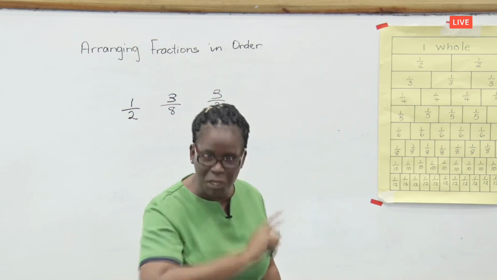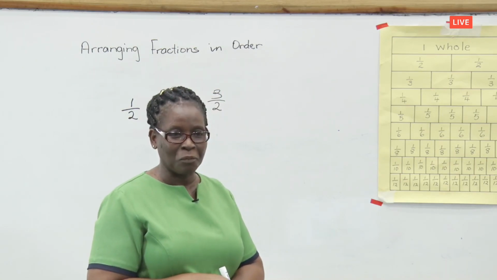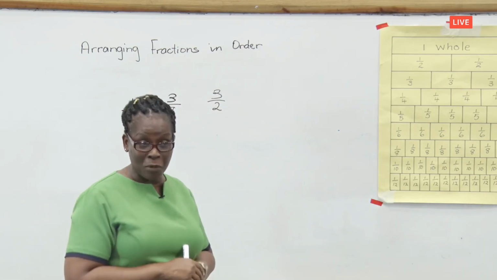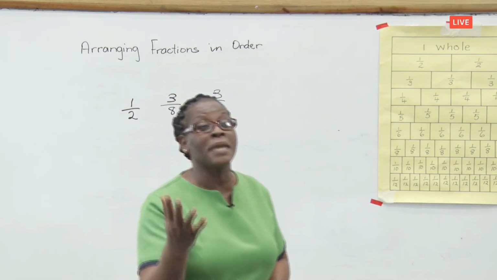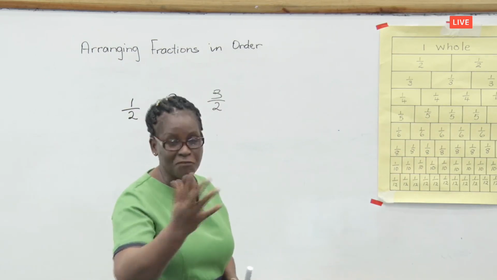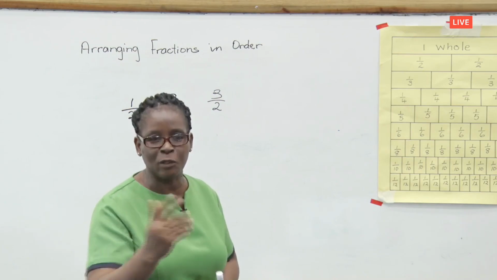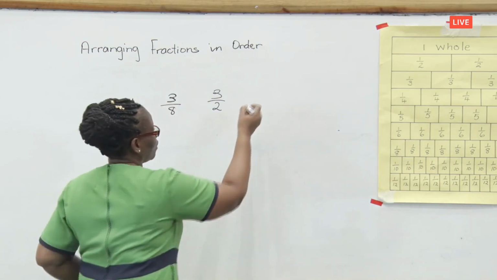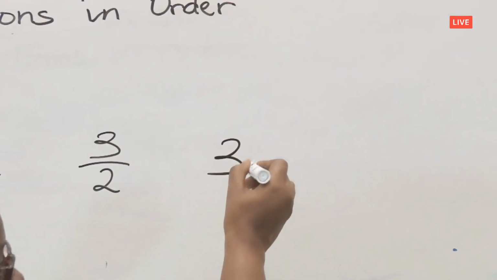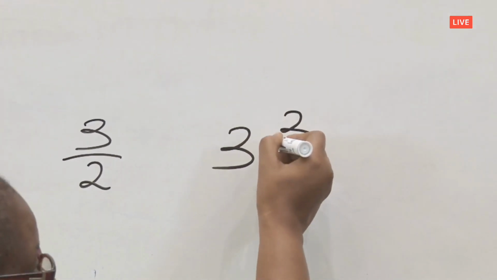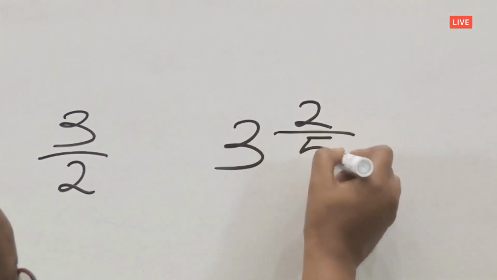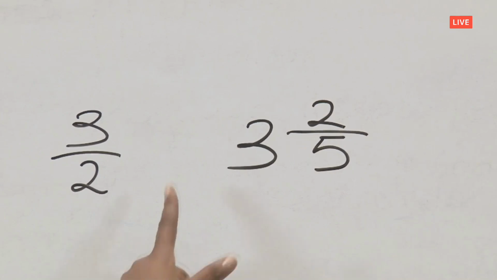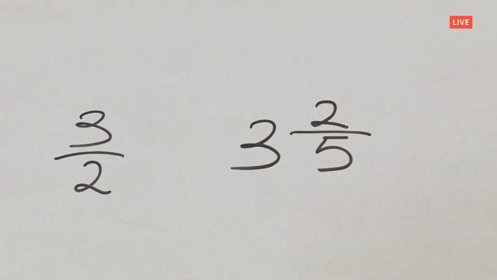You know one more? Tell me the one more you know. Okay, a mixed number. And some people might say a mixed fraction. But give me an example of your mixed number. 3 and 2 vinculum 5. So what would I call this fraction?